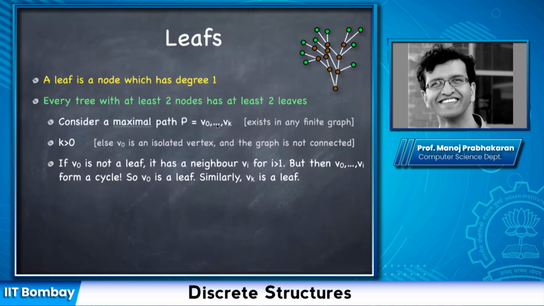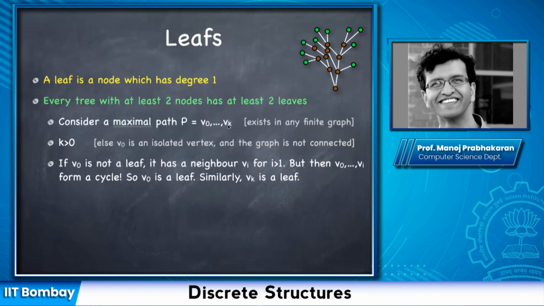But then I have a cycle here: v0, v1 up to vi, and then coming back to v0 is a cycle. So it cannot be the case that in a maximal path, this endpoint has degree more than 1. Similarly for the other endpoint. So these are the two leaves that I can find from any maximal path in a tree.